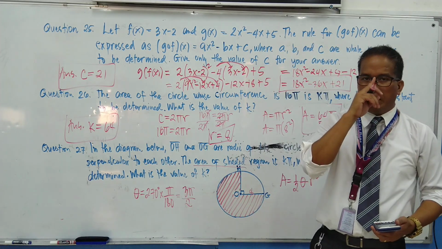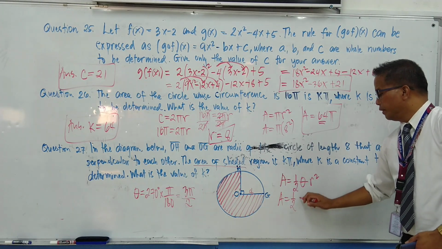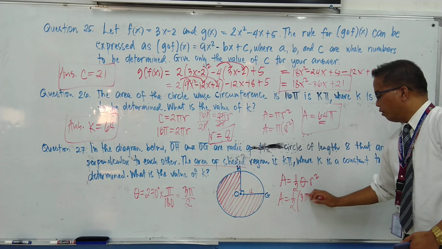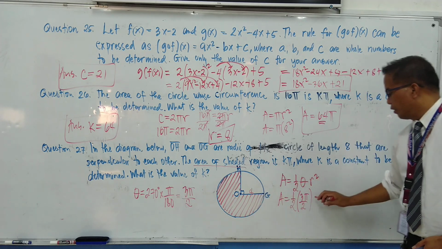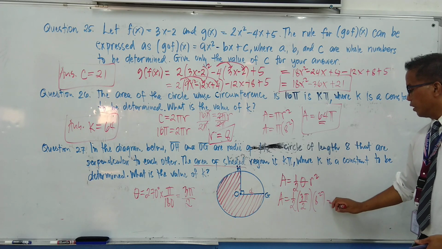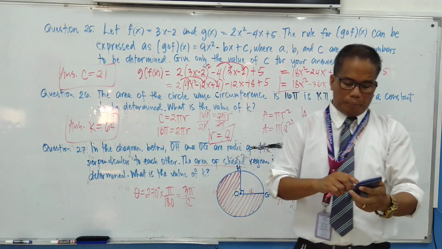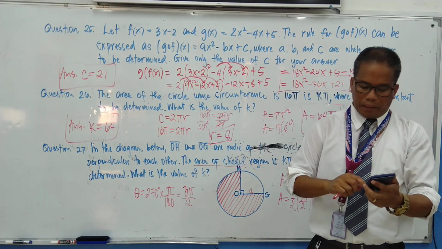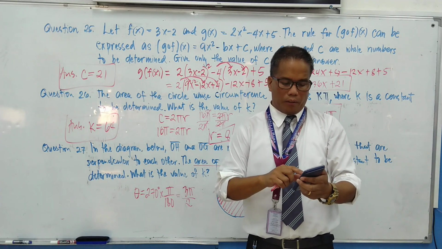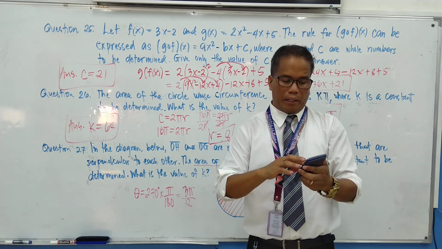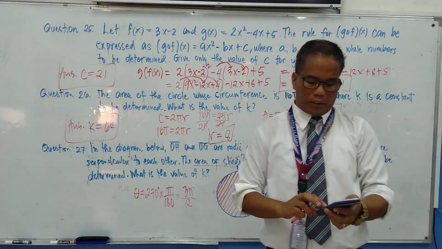Once you have that value, use this formula. Area equals 1/2 times 3 pi over 2 times r squared, where r is 8, so 8 squared. Solving this, use again your calculator. 1/2, then times 3 pi over 2, and then times 64.